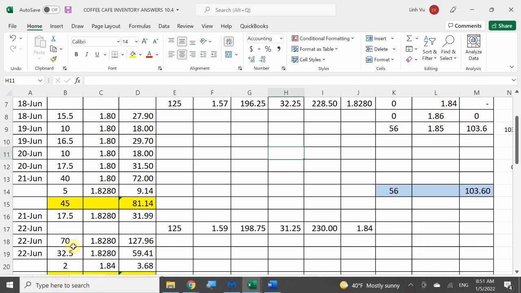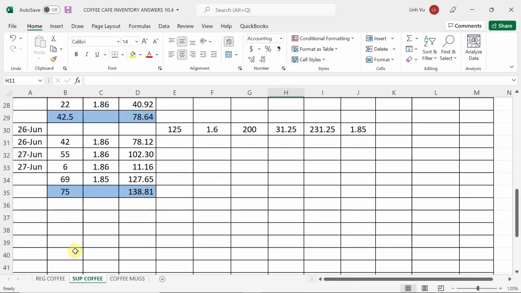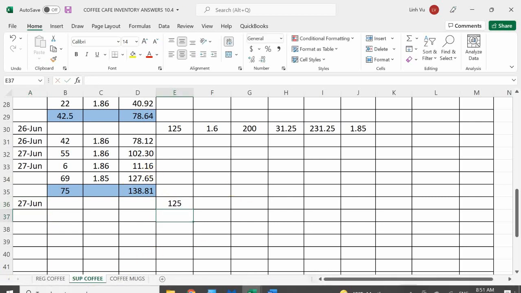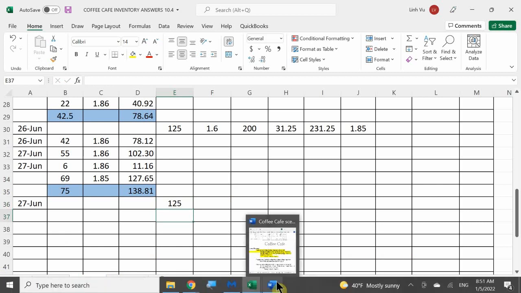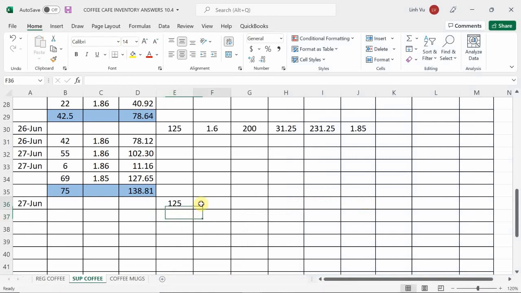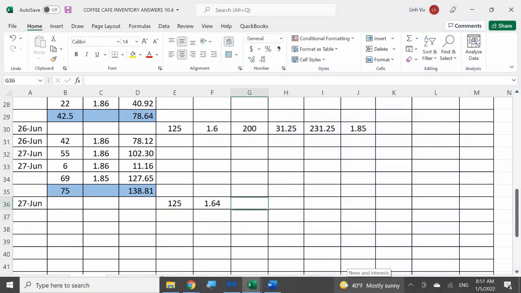So Supreme Coffee, 125 pounds at $1.64, giving me a total of $236.25.